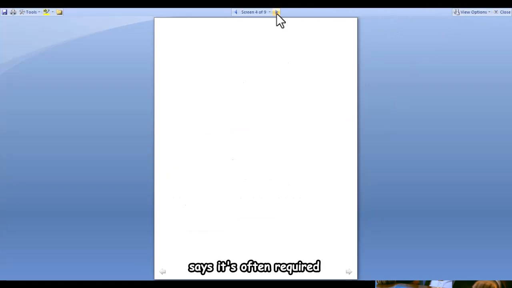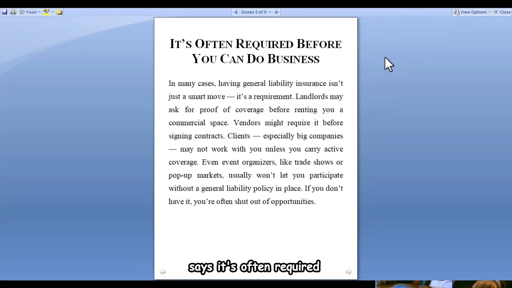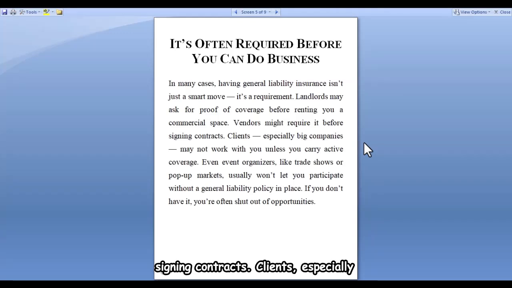Now let's go to the next page. The next page says, it's often required before you can do business. In many cases, having general liability insurance isn't just a smart move, it's a requirement. Landlords may ask for proof of coverage before renting you a commercial space. Vendors might require it before signing contracts.